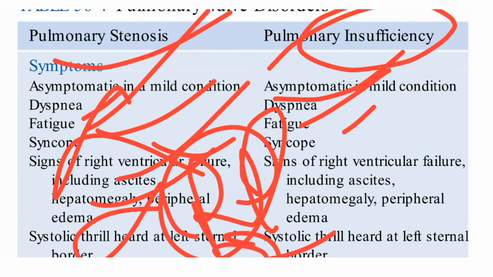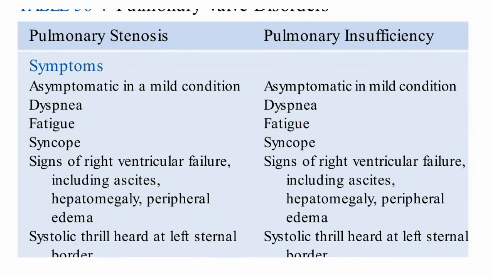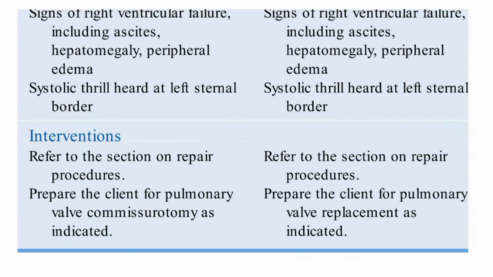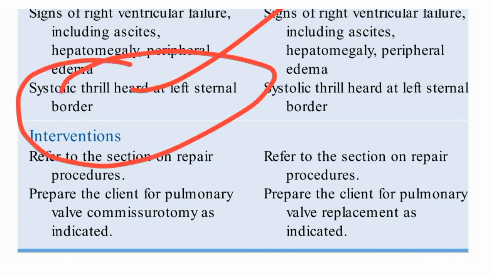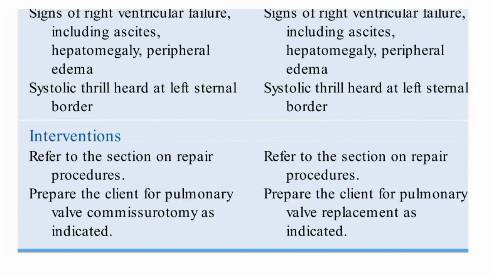Whenever left heart failure is there, it will lead to pulmonary edema, and pulmonary function will be affected. We can hear a systolic thrill at the left sternal border. This is very important.